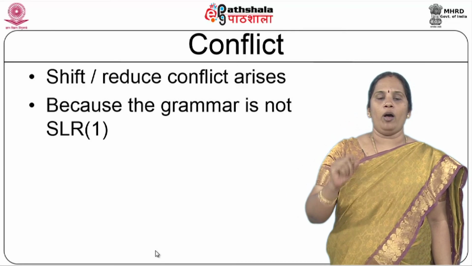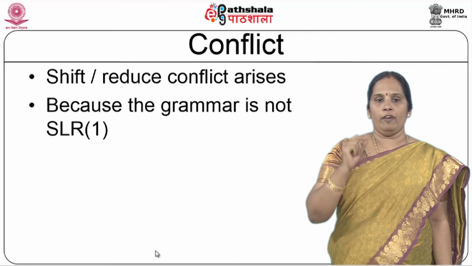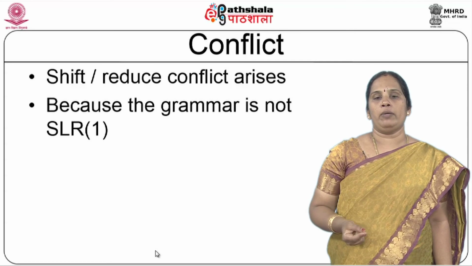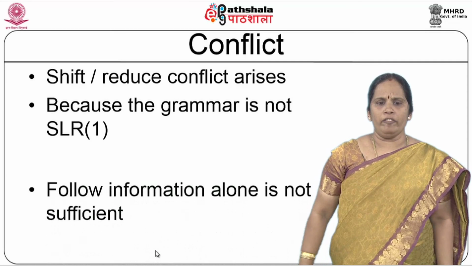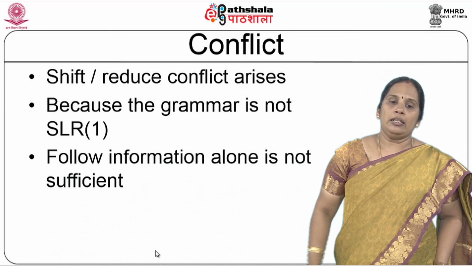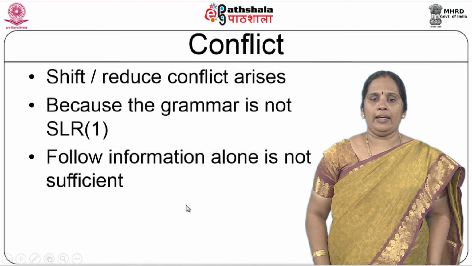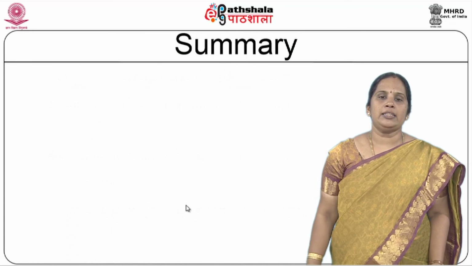So, that justifies that all SLR of 1 grammars are unambiguous, but all unambiguous grammars are not SLR of 1. Follow information alone is not sufficient. That leads you to the next type of parser, which is nothing but LALR or the canonical LR parser.